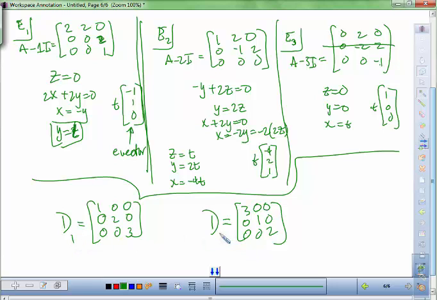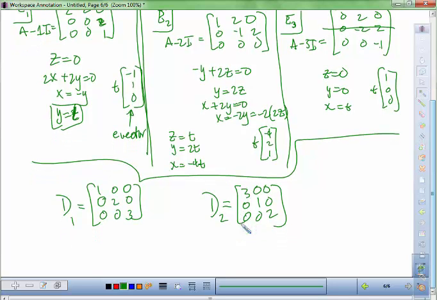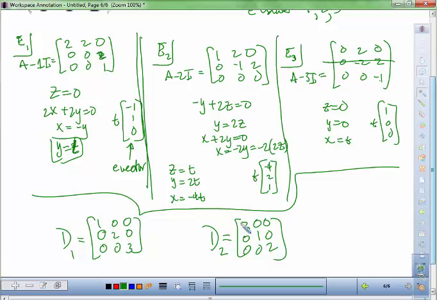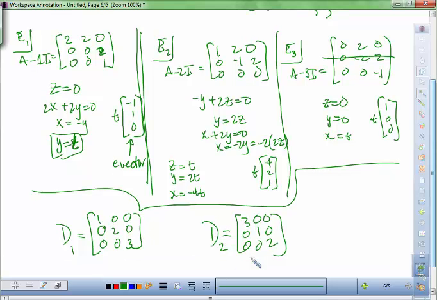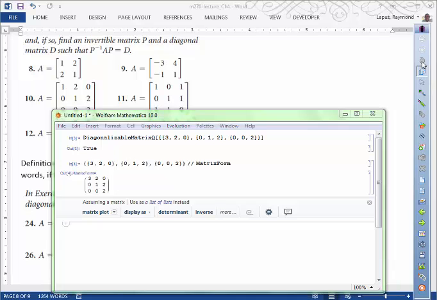Let's just call this D1 and D2 and see what the difference is between these 2 diagonal matrices. Okay, so we know that this is diagonalizable, and we have these diagonal matrices.